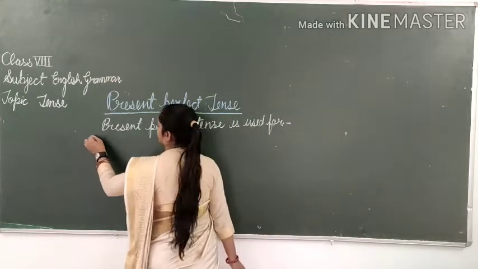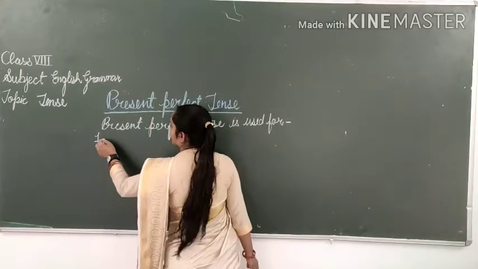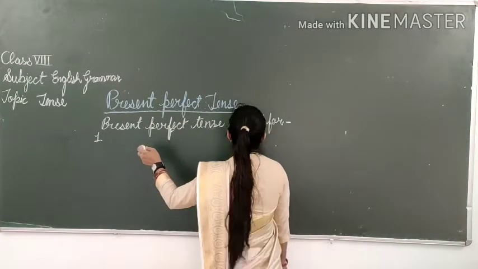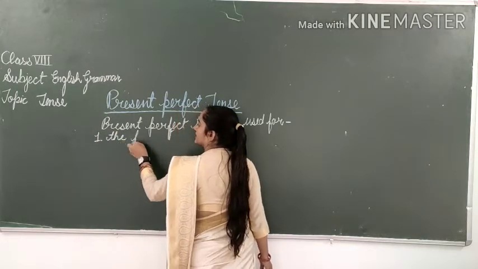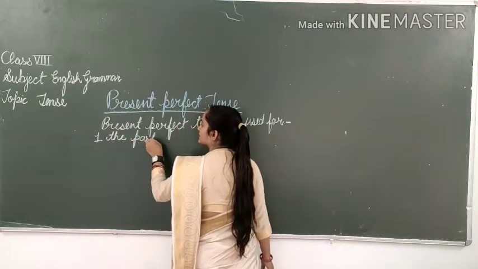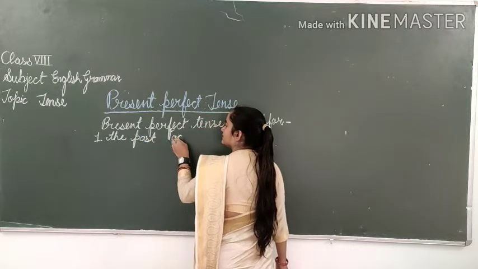Point number 1. Present perfect tense is used for the past action.